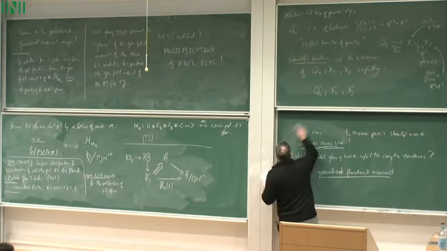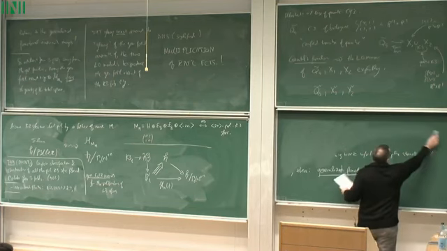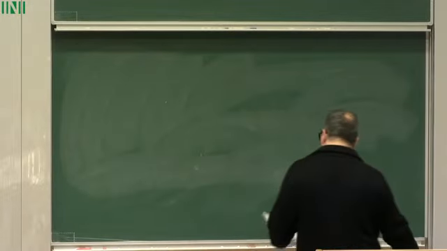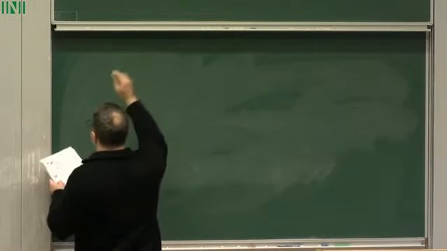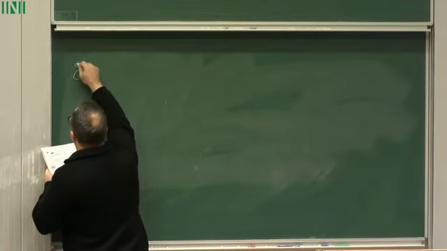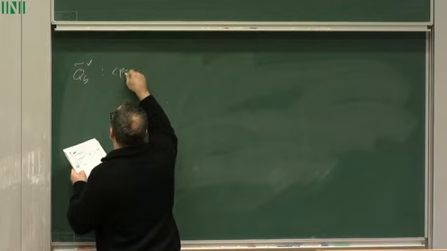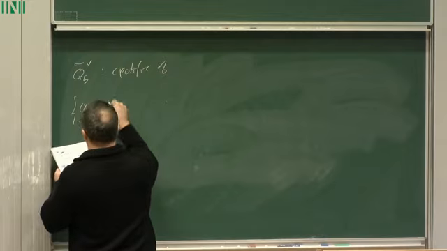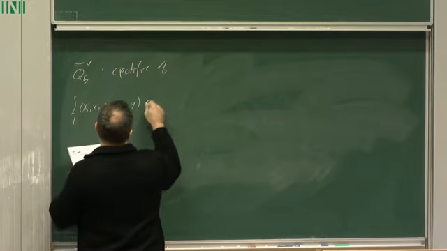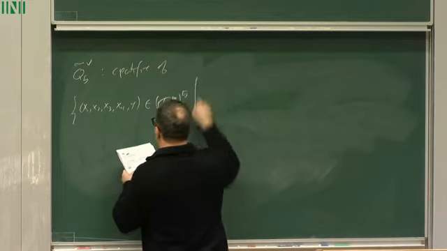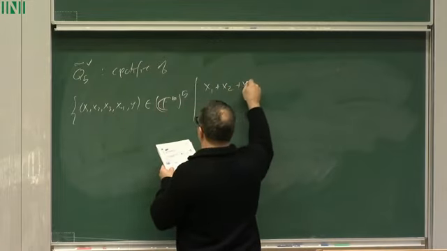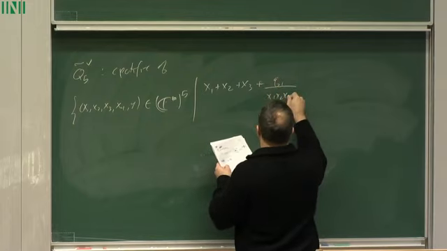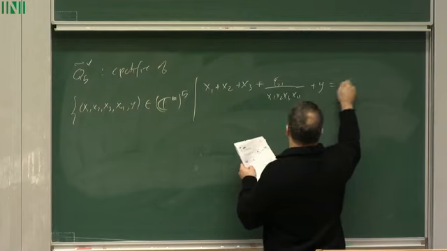Okay, so again, this is not because I expect it to all be edifying, but just so you can see how concrete what we're talking about is. You apply Givental's machinery, and you get that Q5 tilde check is the compactification of X1, X2, X3, X4, Y in a big torus C star to the 5, such that X1 plus X2 plus X3 plus Q1 over X1, X2, X3, X4 plus Y equals 1.